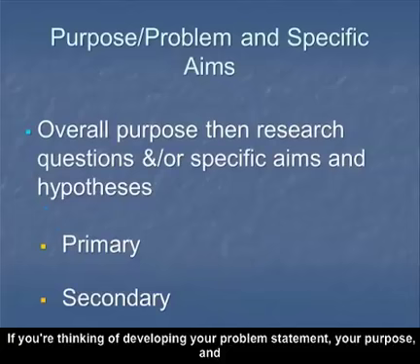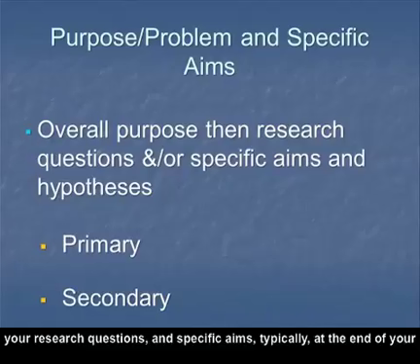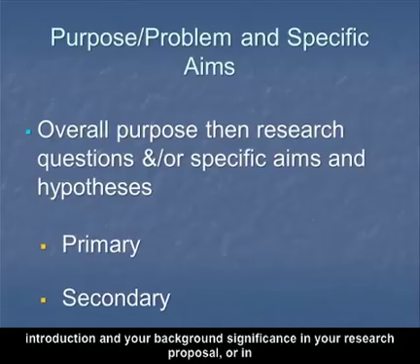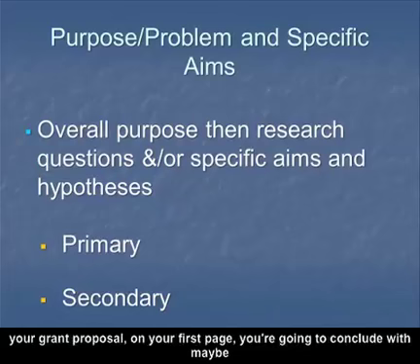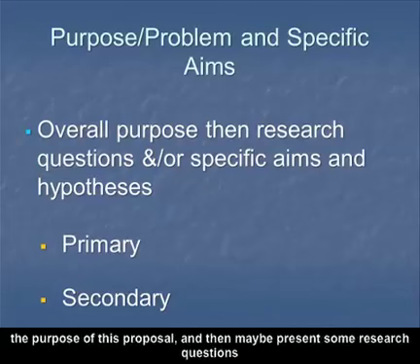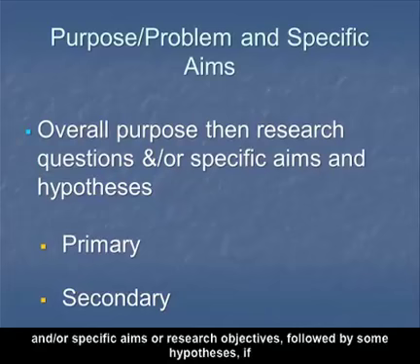If you're thinking of developing your problem statement, your purpose, and your research questions and specific aims, typically at the end of your introduction and your background and significance in your research proposal or grant proposal on your first page, you're going to conclude with maybe the purpose of this proposal and then maybe present some research questions and/or specific aims or research objectives followed by some hypotheses if applicable.